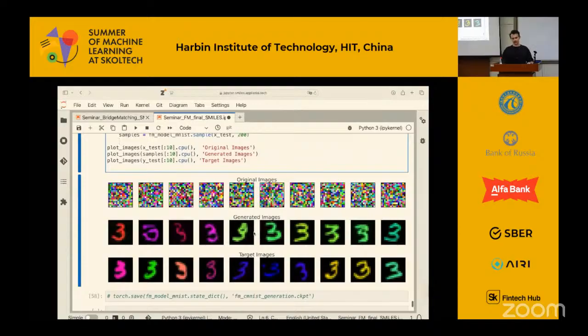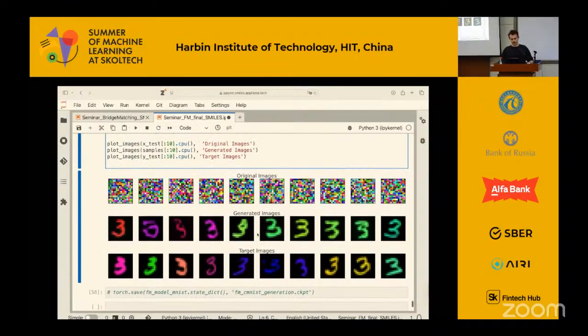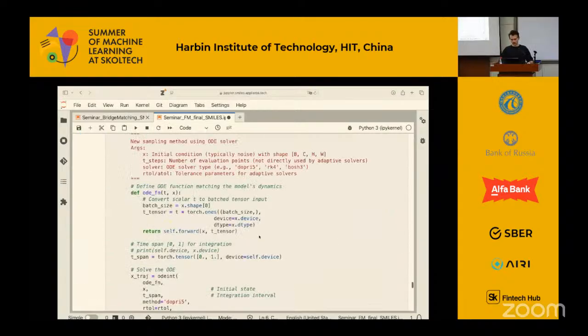But overall, for such a toy case, this is relatively good. They all have distinct colors, and this is okay. As you can see, flow matching is also great on real image generation problems, and I believe that's it. So, to recap what we have done here.